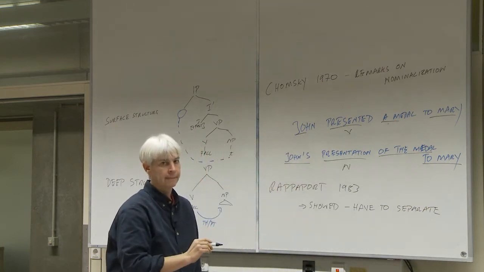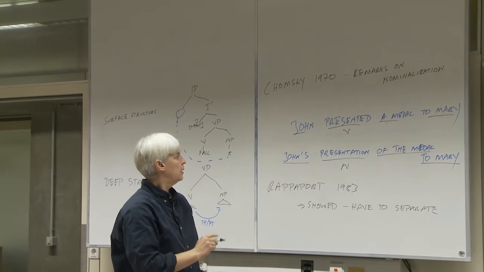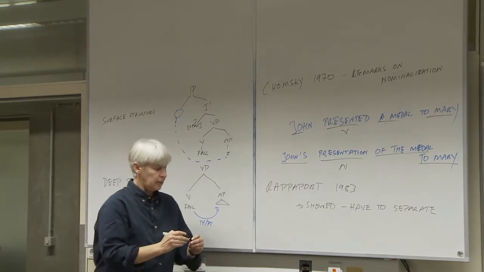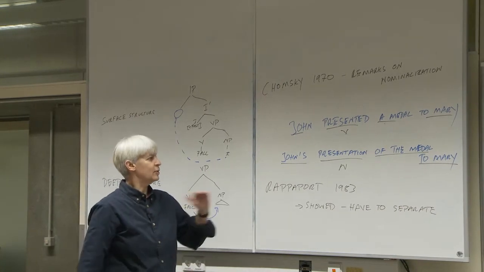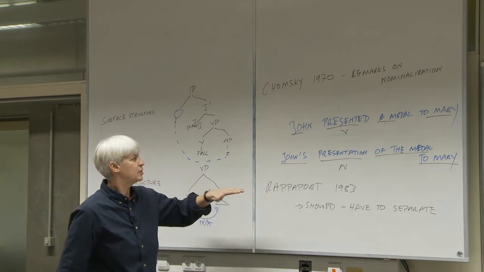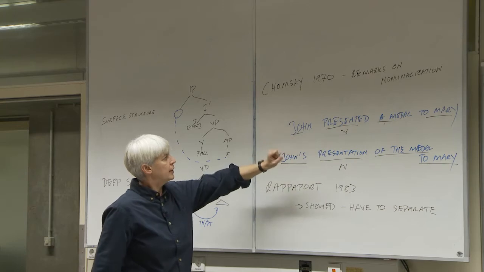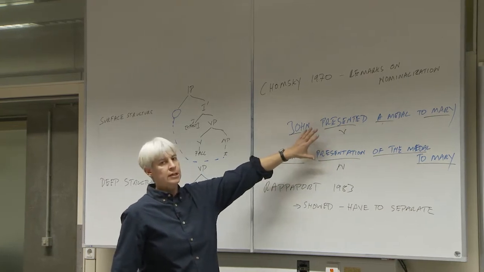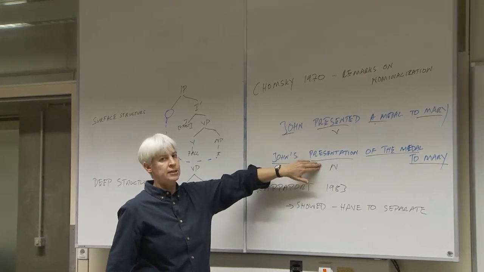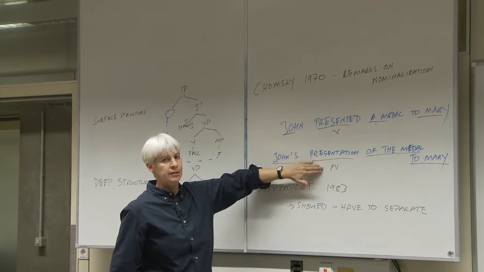One more question. Why did he nominalize everything? What was the point of doing this? The point was he noticed that in English particularly you have a relationship between verbs and their nominalizations. You can nominalize pretty much everything, right?